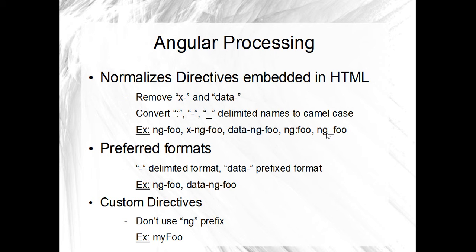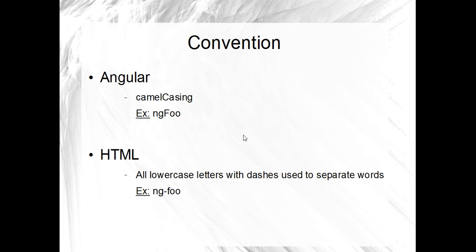So initially, Angular removes all these prefixes. Say like it removes the x dash prefix or data dash prefix, and it also converts all the delimited names here. Say like the colon delimited or the underscore or hyphen. You could actually convert all these names to camel case. So all these values which are actually provided here are finally converted to this form of ngFoo.